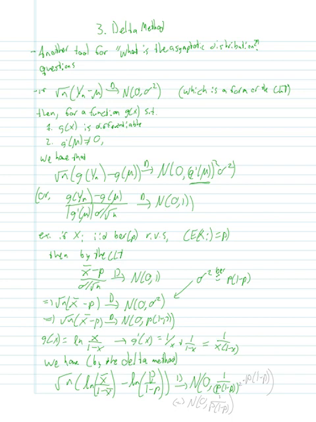Notice we're plugging p into our g prime of x and then squaring it, right? All times p times 1 minus p. You can actually cancel out one of the p times 1 minus p factors. So this is equivalent to normal, mean 0, and variance is 1 over p times 1 minus p.